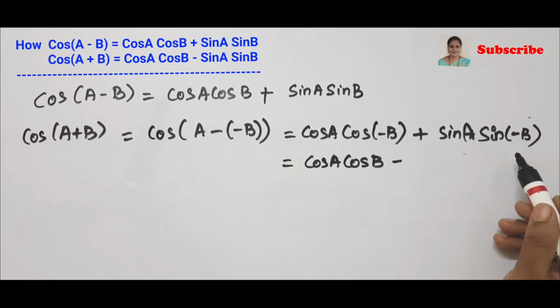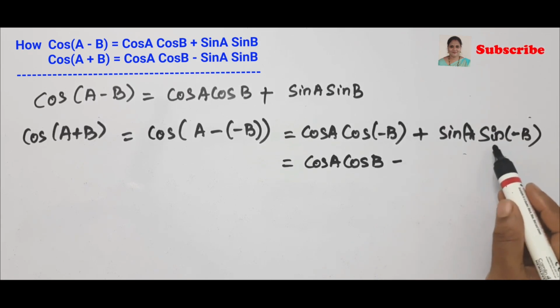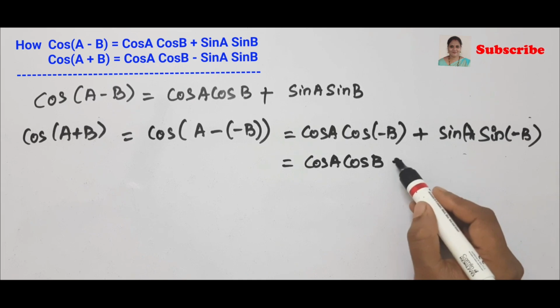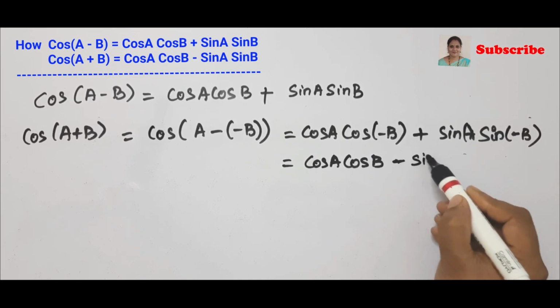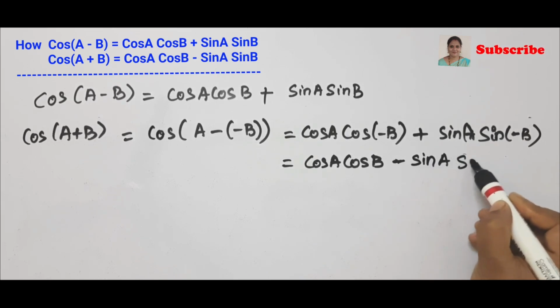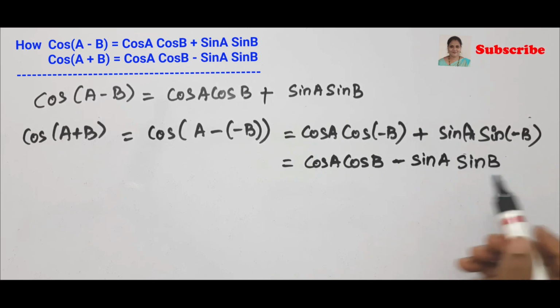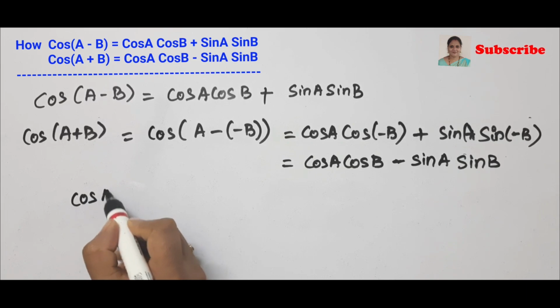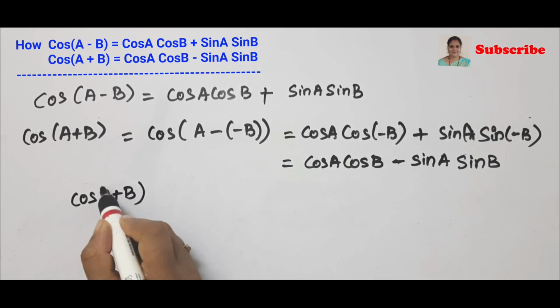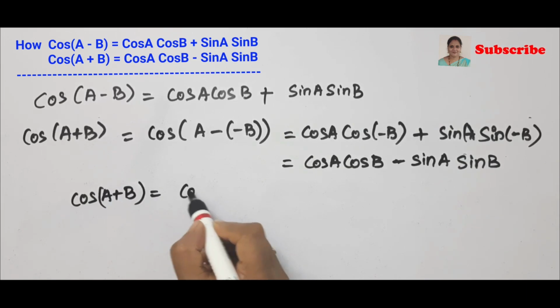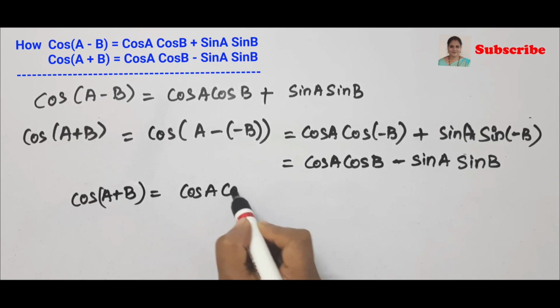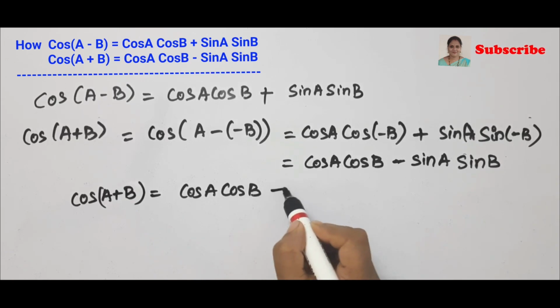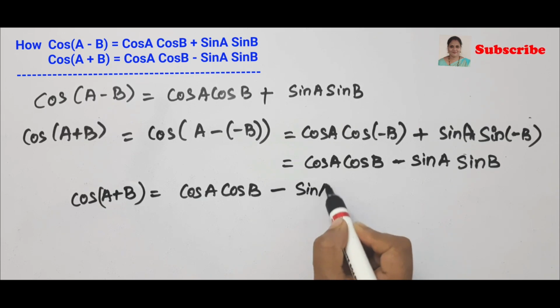We have learned that sin of minus theta will be minus sin theta. So this becomes minus sin B, and this is nothing but minus sin A sin B. So we got cos of A plus B is equal to cos A cos B minus sin A sin B.